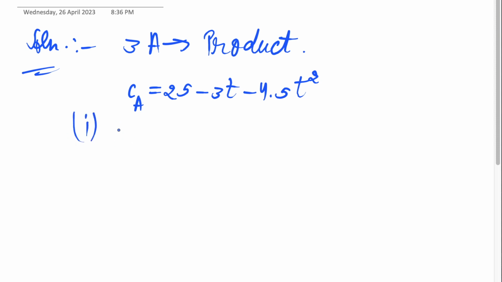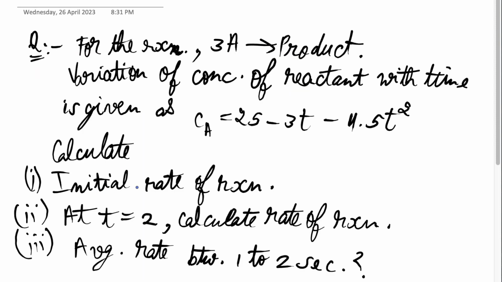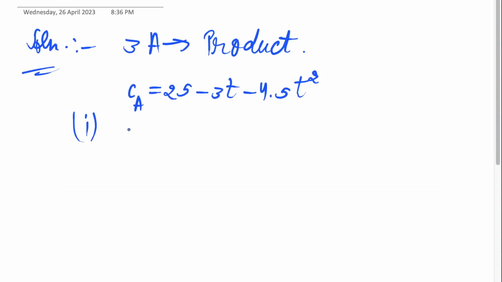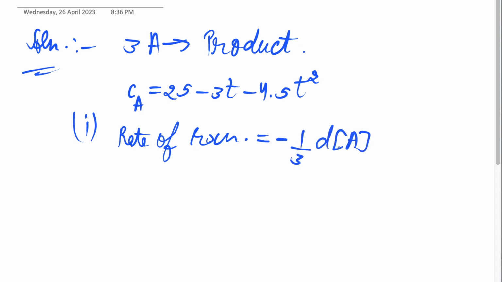Now the first part: calculate the initial rate of reaction. The rate of reaction is given by minus 1 by 3 dA by dt.